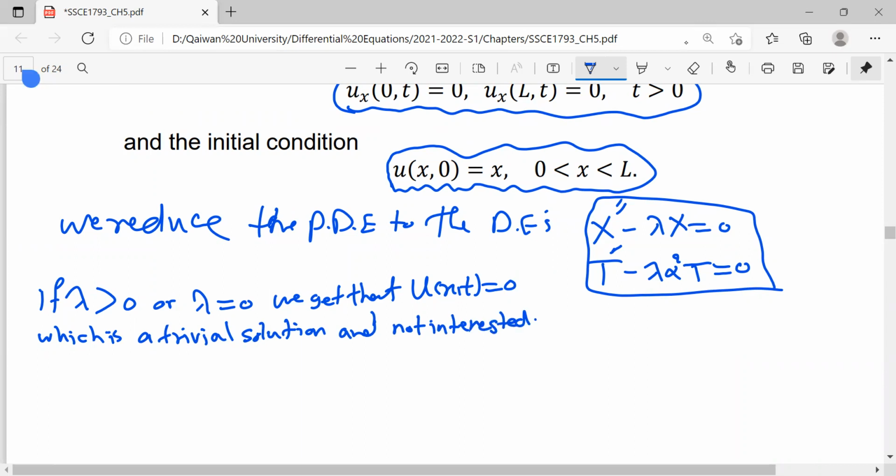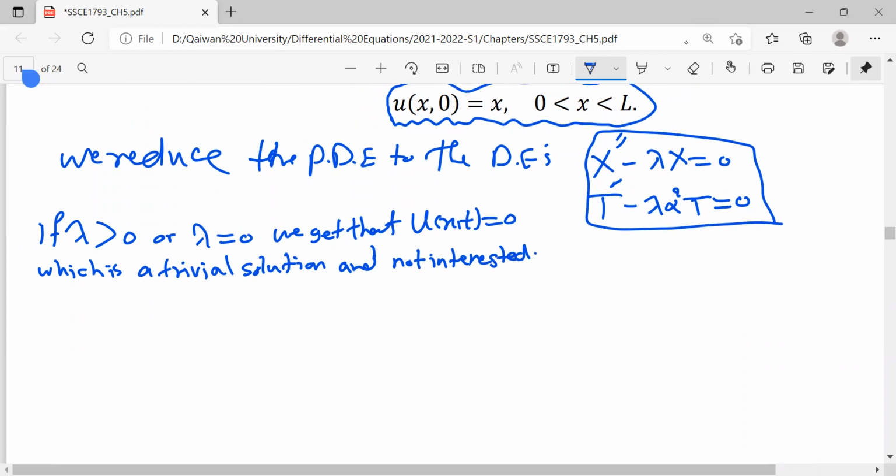Okay. We now have only one more case for lambda, which is negative. If lambda is less than 0, let lambda be minus p squared.